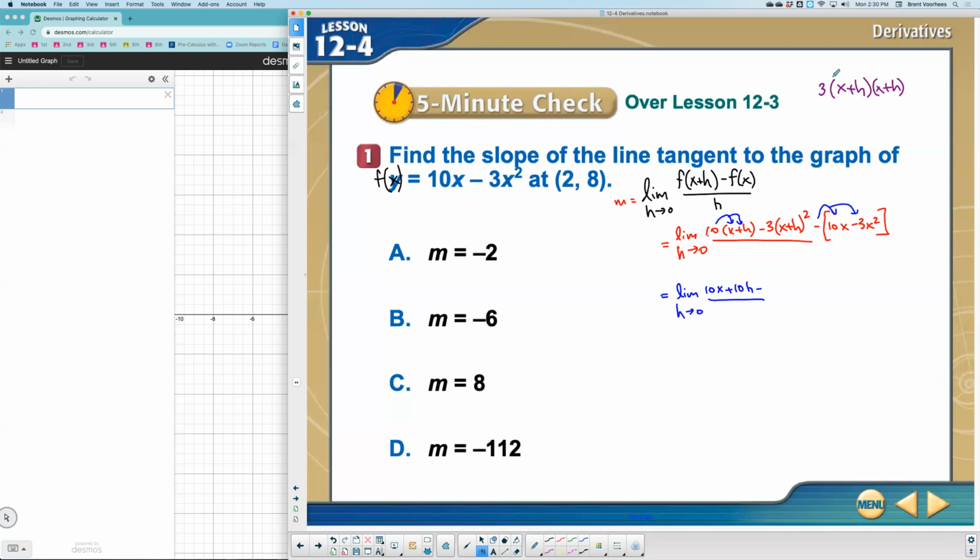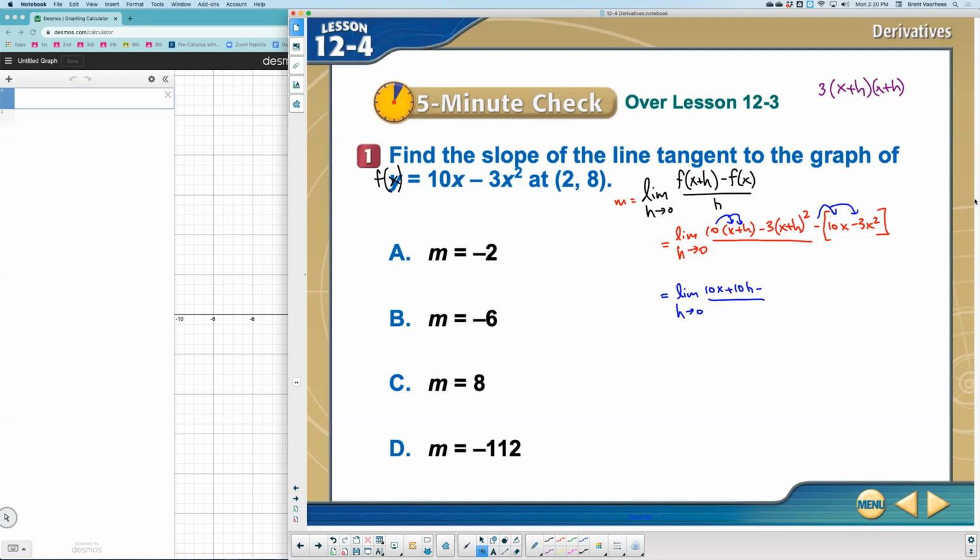Technically I would need to multiply this by 3, which you can do at the start or at the end, but since we did this FOIL so many times last class, we saw that it would be x squared plus xh and another hx, so we'd have 2 hx's plus h squared.